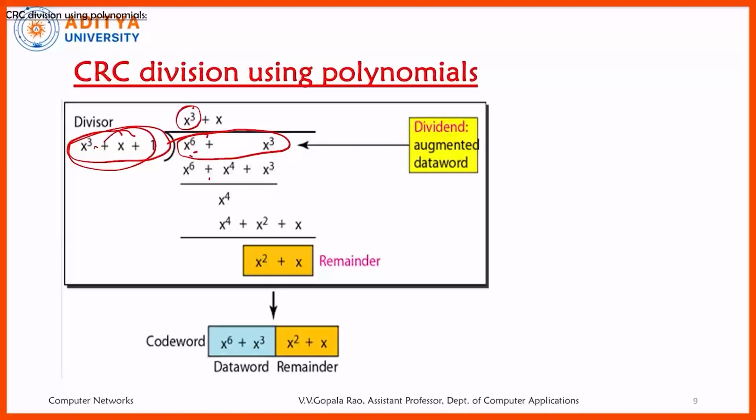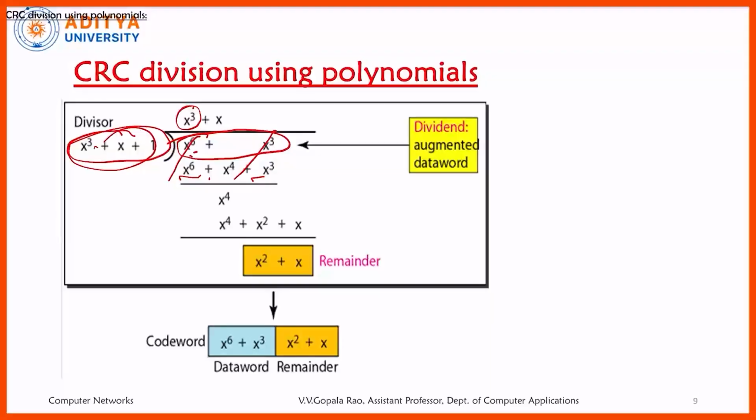Again you just subtract. When you are subtracting, these will become negative signs. So this becomes 0. Now you are getting x to the power of 4 and you drop x to the power of 3. So x to the power of 4 can come after multiplying x cube with x.